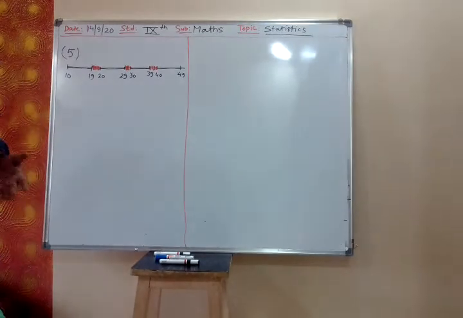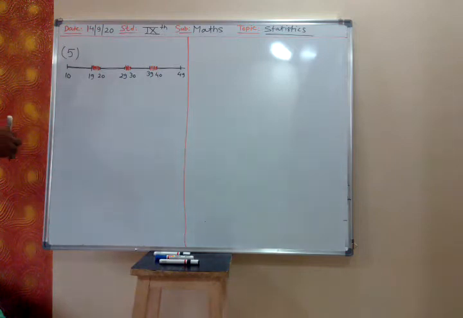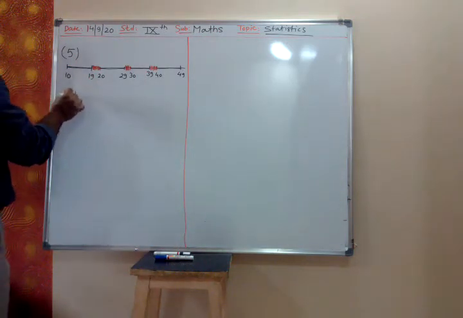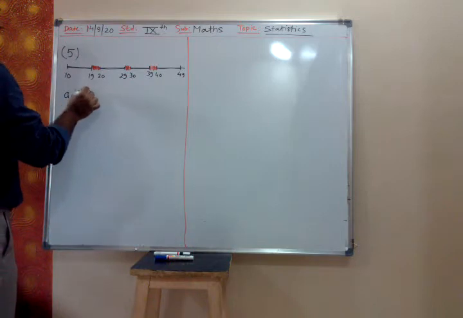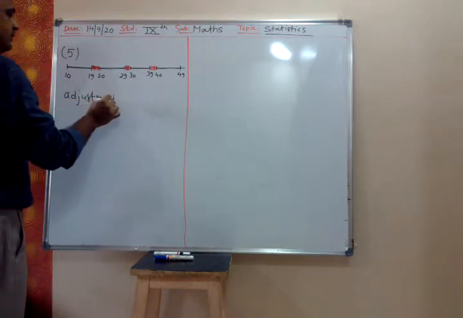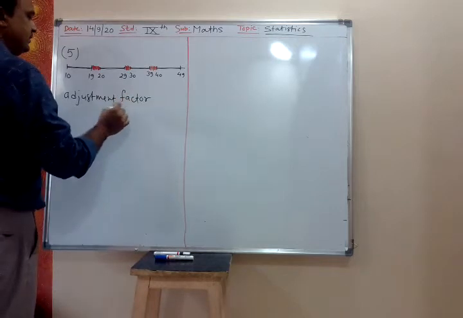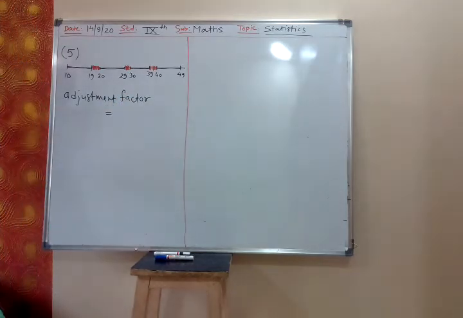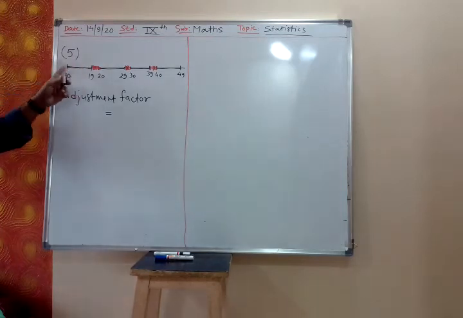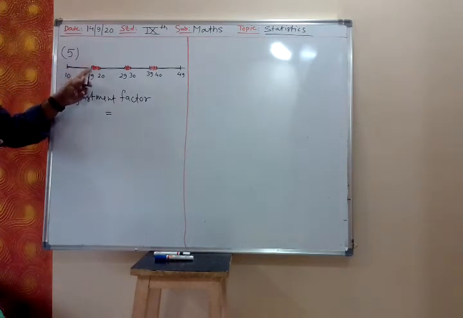Therefore, to make it continuous, we find the adjustment factor. 10 to 19, then there is a gap of 1.